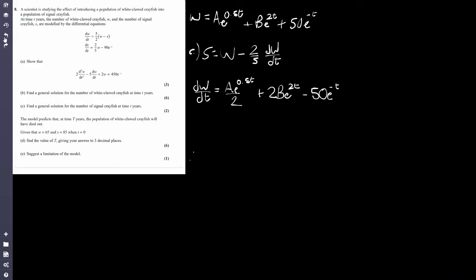So S will be equal to W, so that's this, so a e to the half t plus b e to the 2t plus 50e to the minus t, minus 2/5 of all this here.